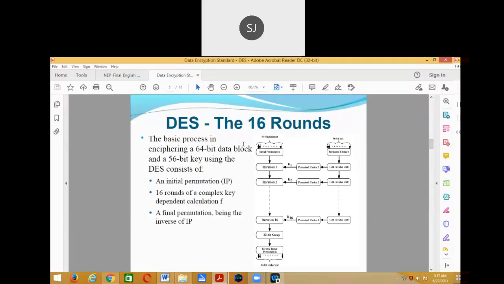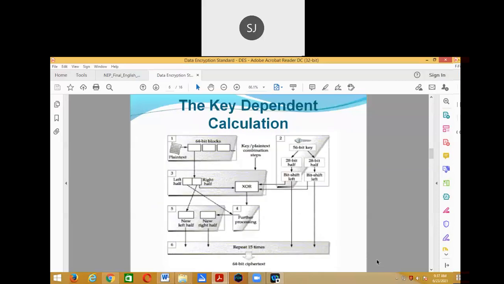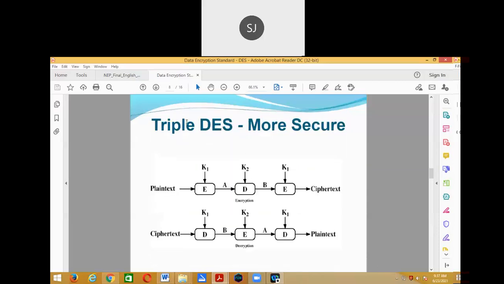One thing about DES is that the key size is small, a 56-bit key. To strengthen DES, people started using triple DES. As you see here, this is one DES, this is another DES, and this is a third DES. The plain text is applied here using some key K1.